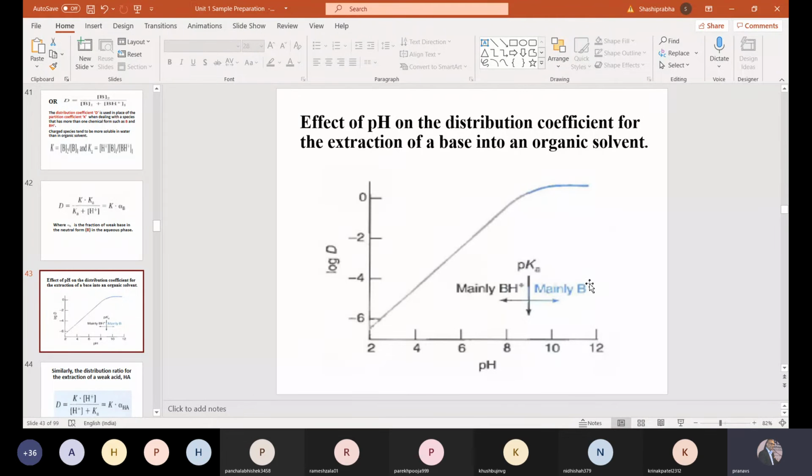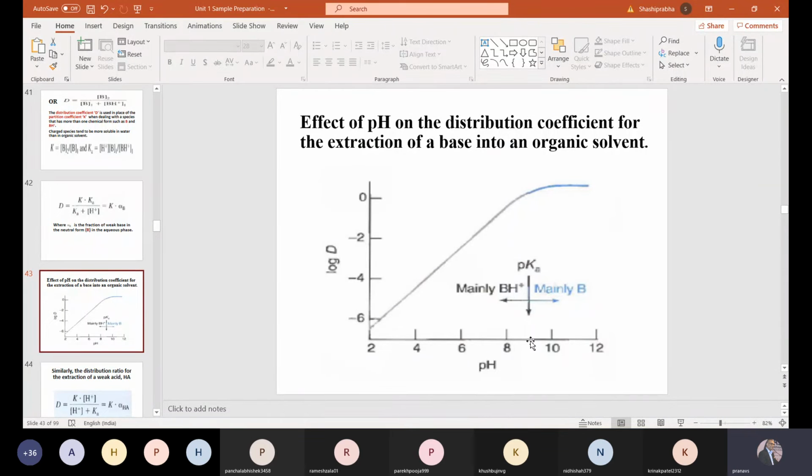But if you decrease the pH or increase the H plus ions, you find BH plus. And if you see this figure, what it tells you is that at low pH, the D value or the log D value is less.